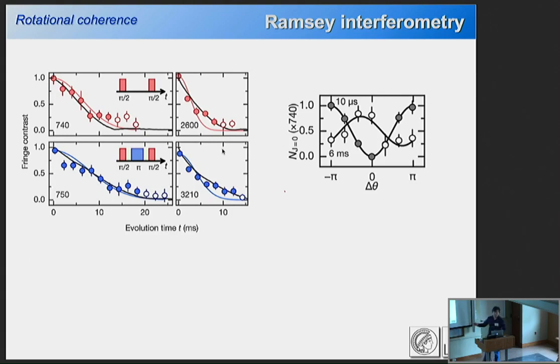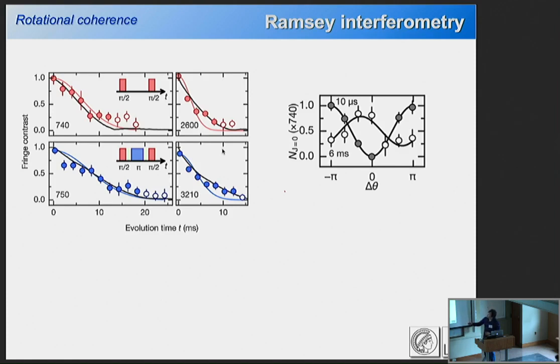But if you evolve for a few milliseconds, the contrast reduces, and this is contrast versus evolution time. At very low density and small molecular number, we get about 9 millisecond coherence time without spin echo in the dark gas.